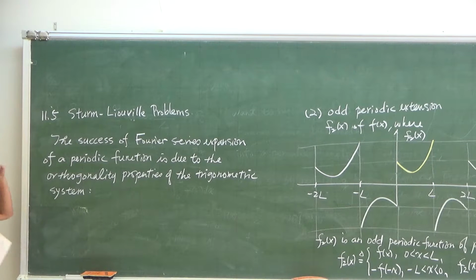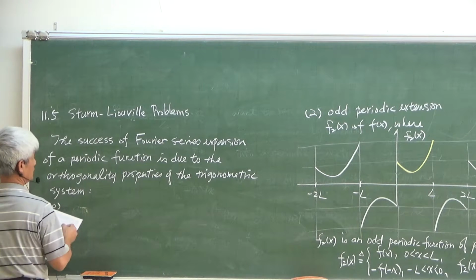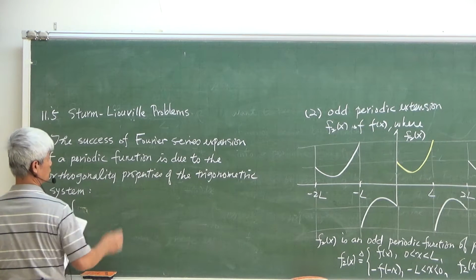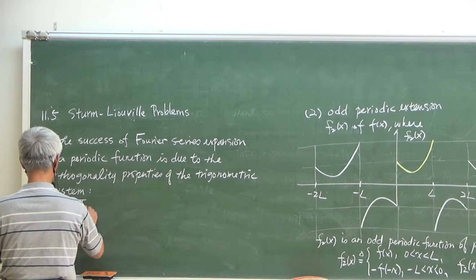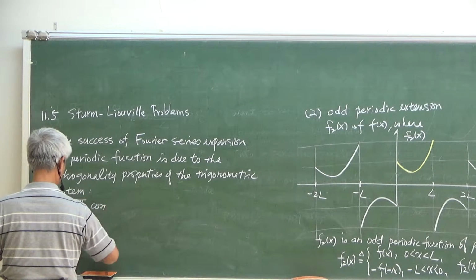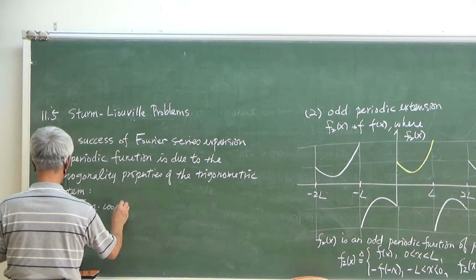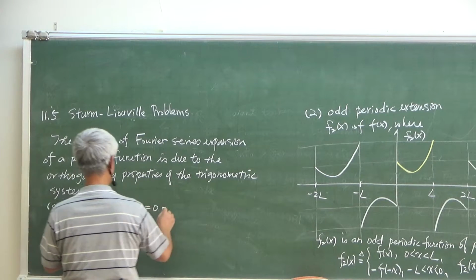Okay, we have observed this, right? So let me state the orthogonality property of the trigonometric system again. Actually, this is because the integral from minus pi to pi of 1 times cosine mx dx is equal to 0.